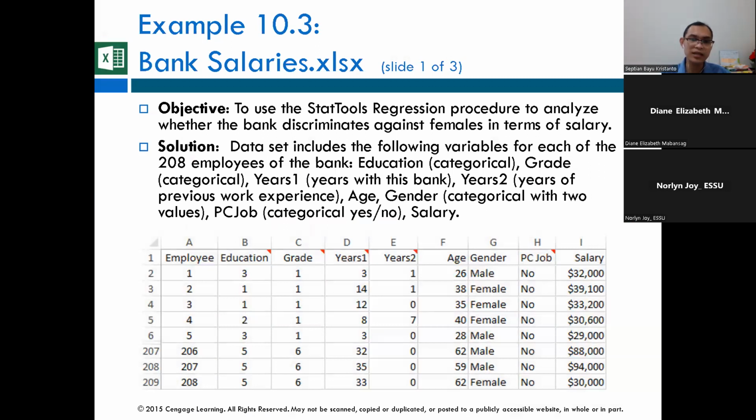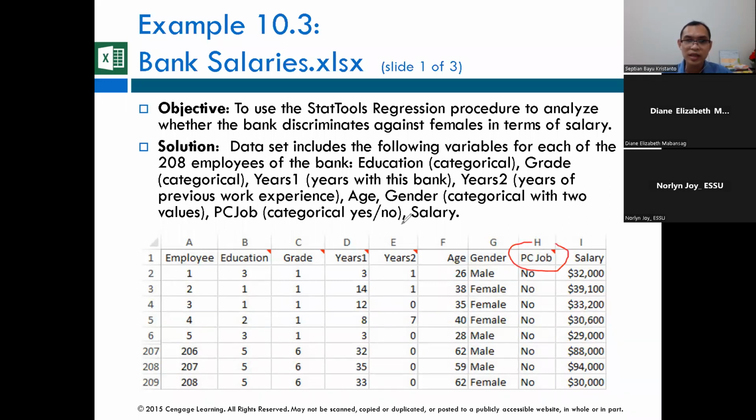Look at this data. If you find variables like this one, the number of employees, education, grade, years, age, gender, job and salary, we can find a dummy variable using classical categories. Which variable can be separated into two categories? We can find here the busy job.